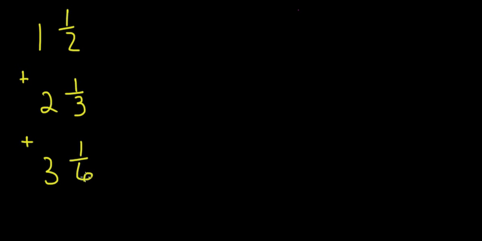Let me scroll on up, get rid of that, and we'll bring in our next problem. Here we have to add 1 1/5 plus 2 1/3 plus 3 1/6. All right. Tucker, what do I want to do? I do here 3 times 2 is 6.